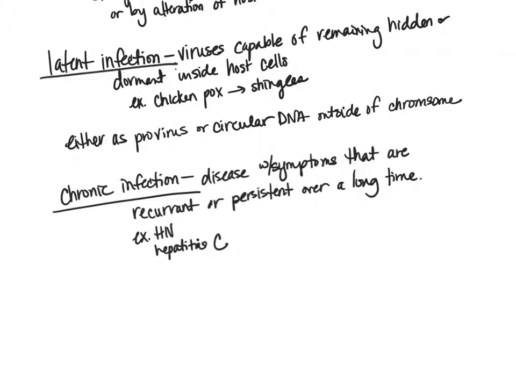What that means is that the virus is in there, either as a provirus or circular DNA outside the chromosome, but it can exist as the provirus, and in the case of HIV, the immune system cells are going to be replicating their own DNA. As it's replicating its own DNA, it's also replicating the provirus DNA, or the viral DNA. It's also going to be transcribing into RNA and translating into proteins over and over again.